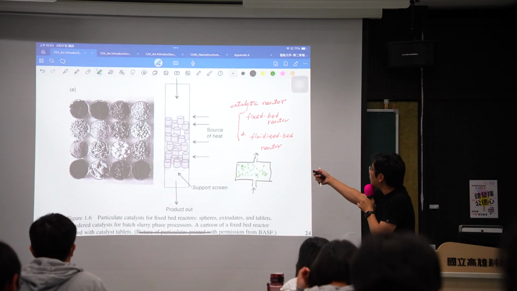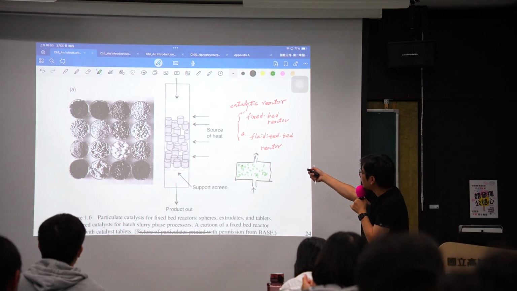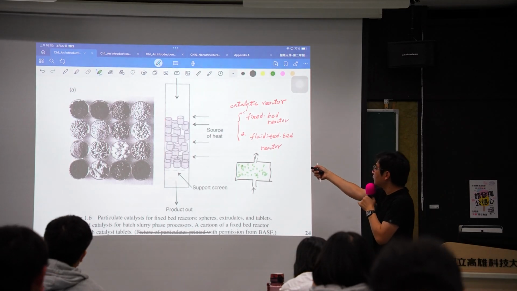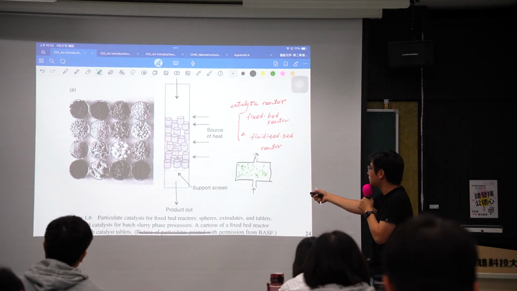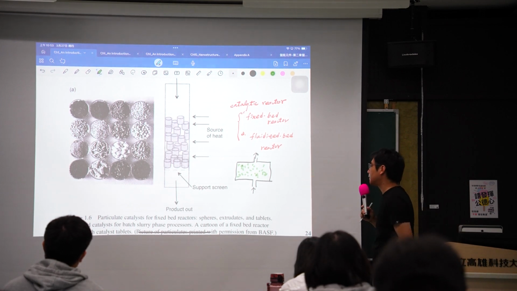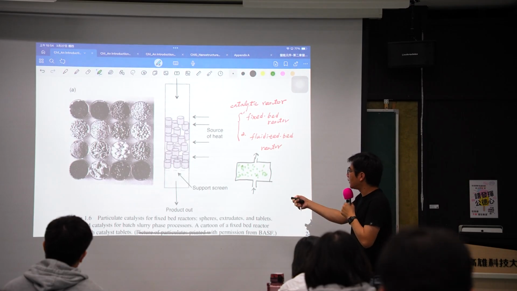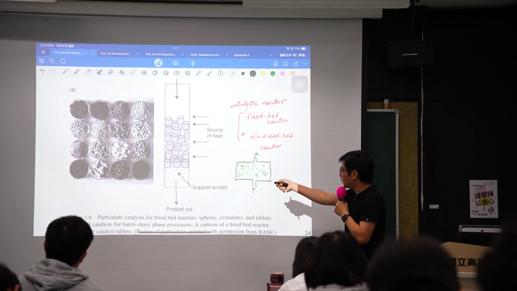So, for example, like here, you have the feed here, right? Then you have the source of heat. You have the heat like 500 degrees Celsius. You have some hole spring. Fix the catalyst here, in order to prevent the catalyst flow through here.